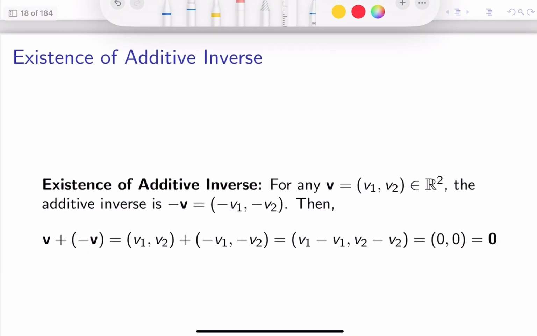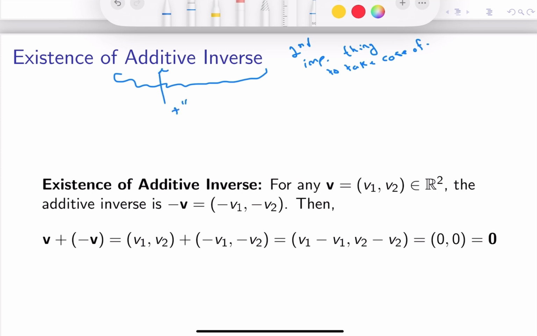And the second important axiom to take care of is the additive inverse, right? So what do we mean by additive? We mean we want an inverse for the operation plus.